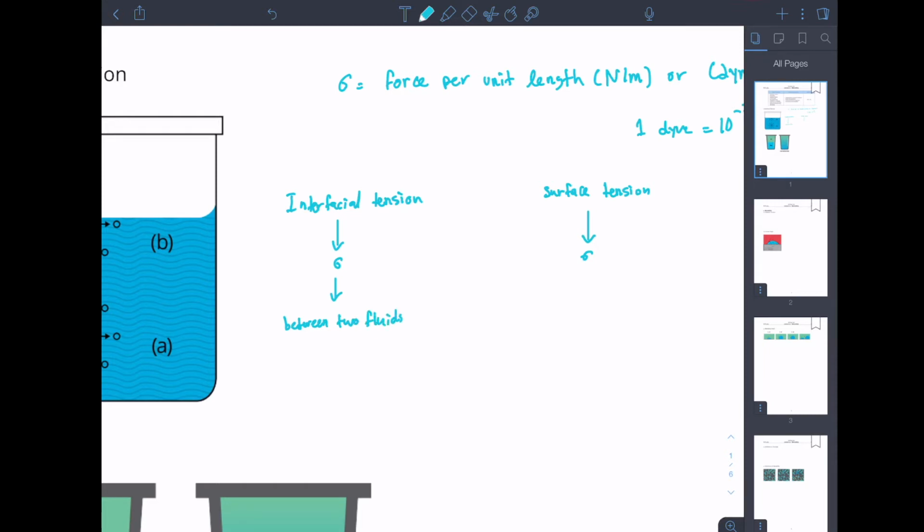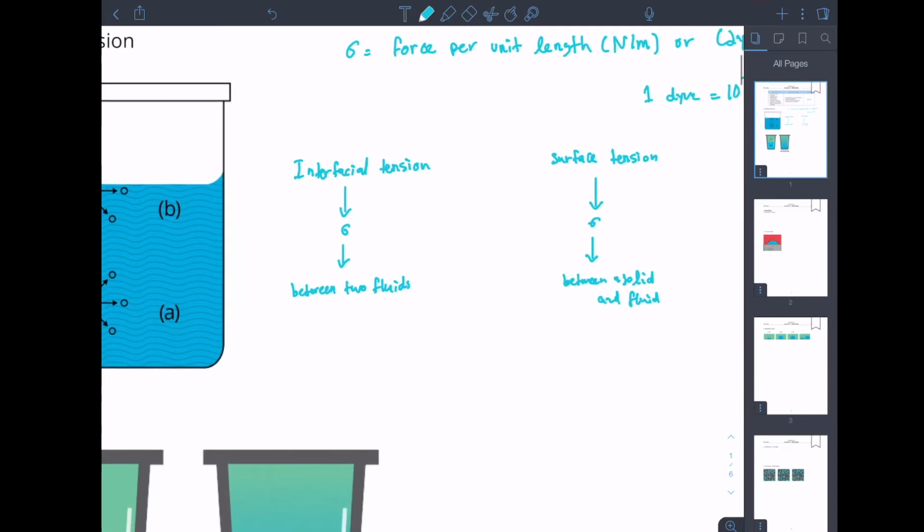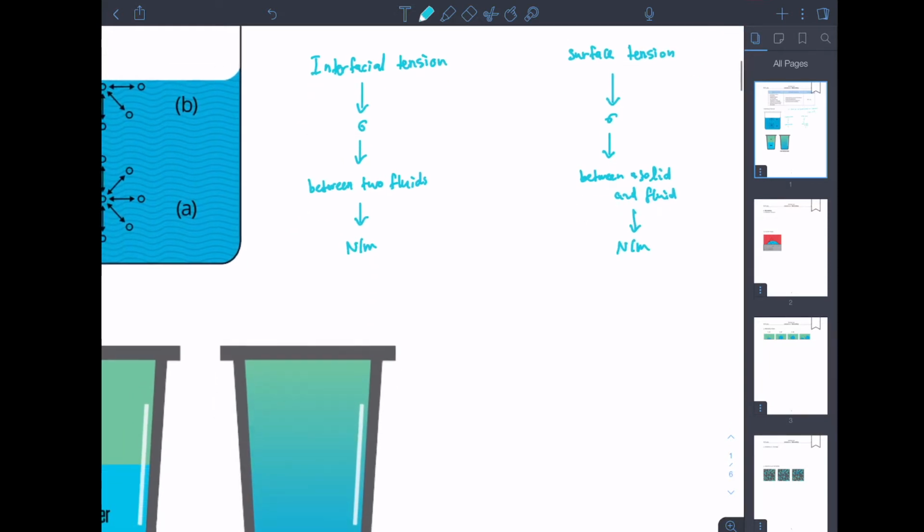For surface tension, when we use that term, it's usually between solid and fluid. And again, in terms of the units, they all have the same unit system, which is Newton per meter if we're using SI units.